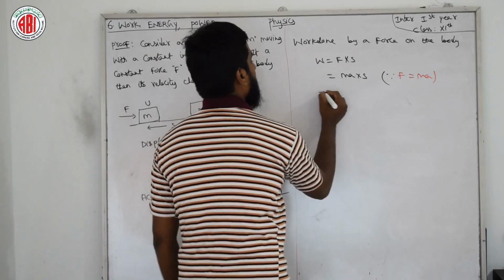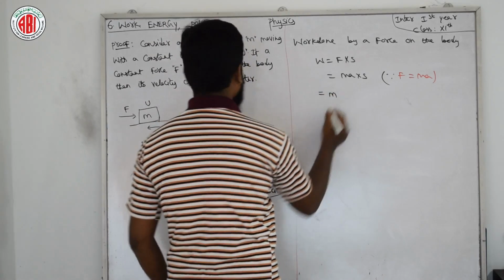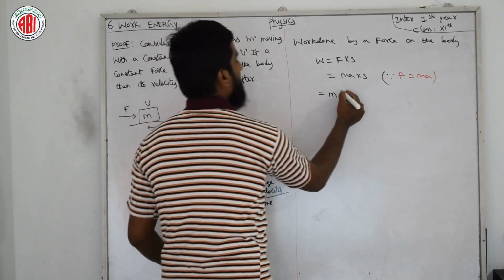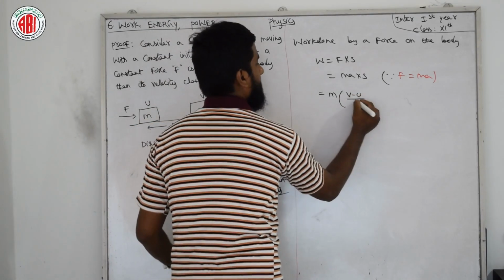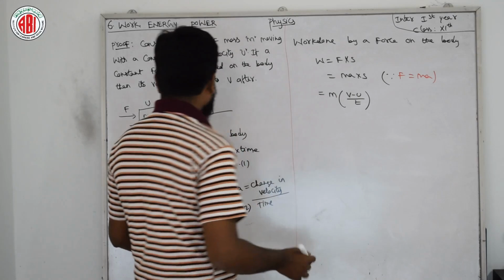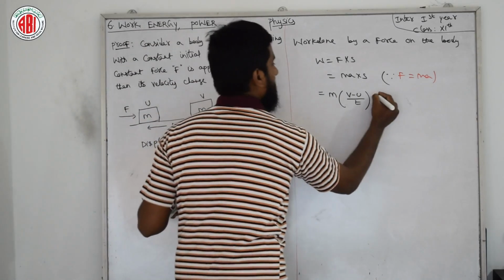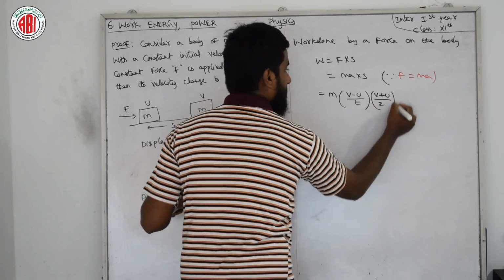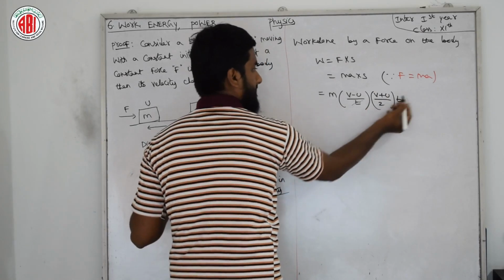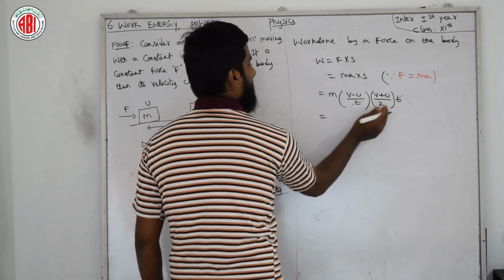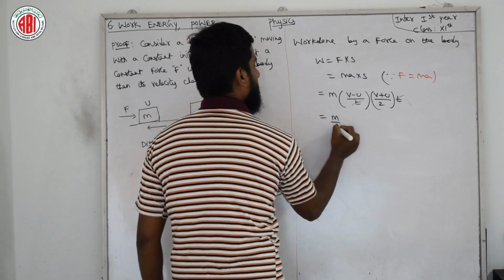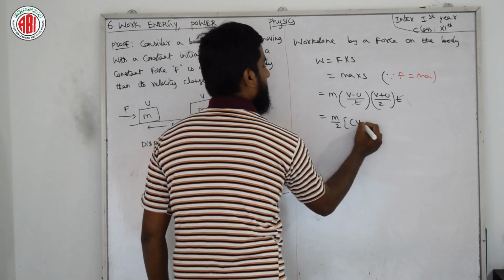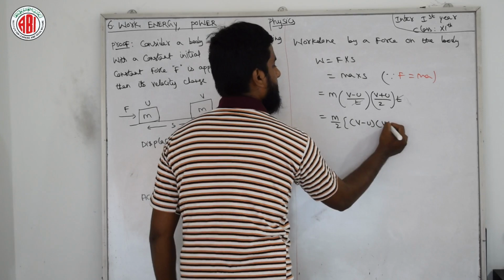I am writing with a different color marker. So here m is as it is. In place of a, I write (v minus u) by t, into, in place of S, (v plus u) by 2 into t. This t gets cancelled. Taking 2 as common, it becomes m by 2 into (v minus u) into (v plus u).